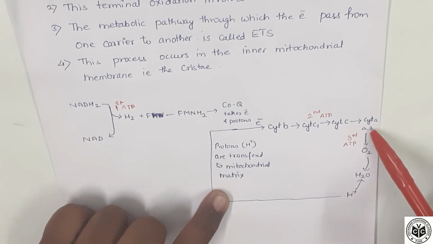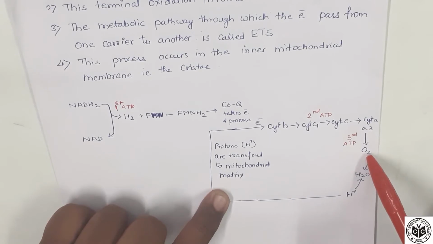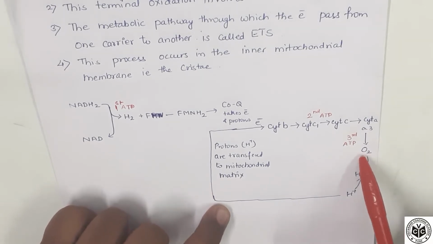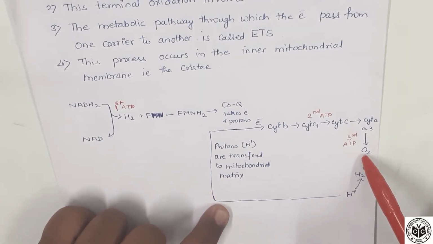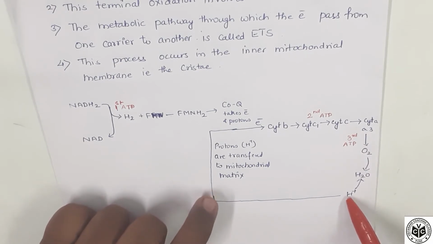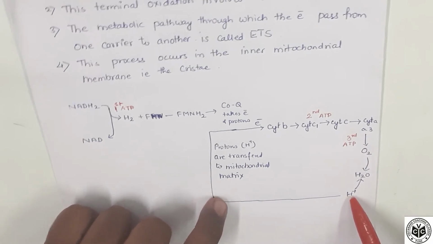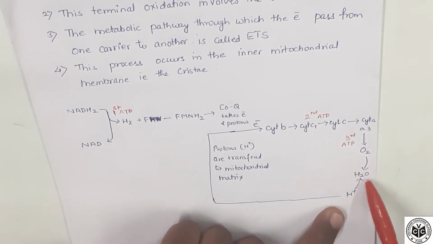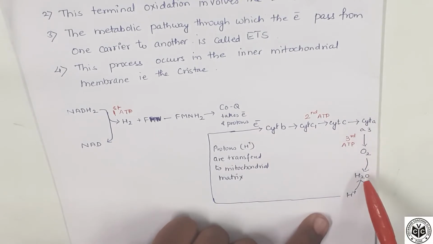When these de-energized electrons are accepted by oxygen, oxygen gets activated. And when the oxygen gets activated, it combines with the hydrogen ions from the mitochondrial matrix and forms a water molecule. So this is the way the electrons are transferred and the water molecule is formed.